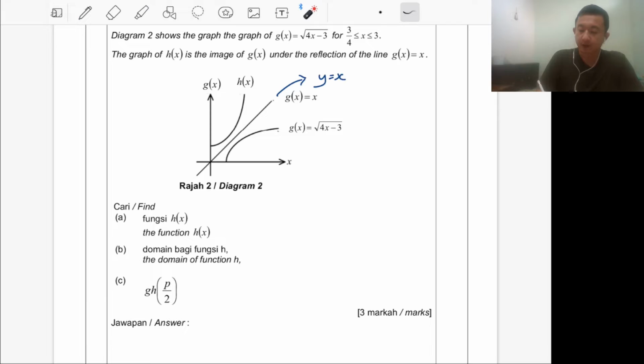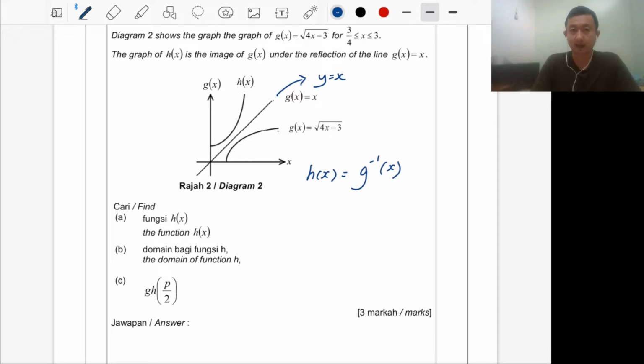When a function is reflected in the line y = x, you have to know that the output must be the inverse function of g(x). So whenever this happens, h(x) is actually g inverse. You must know about this.